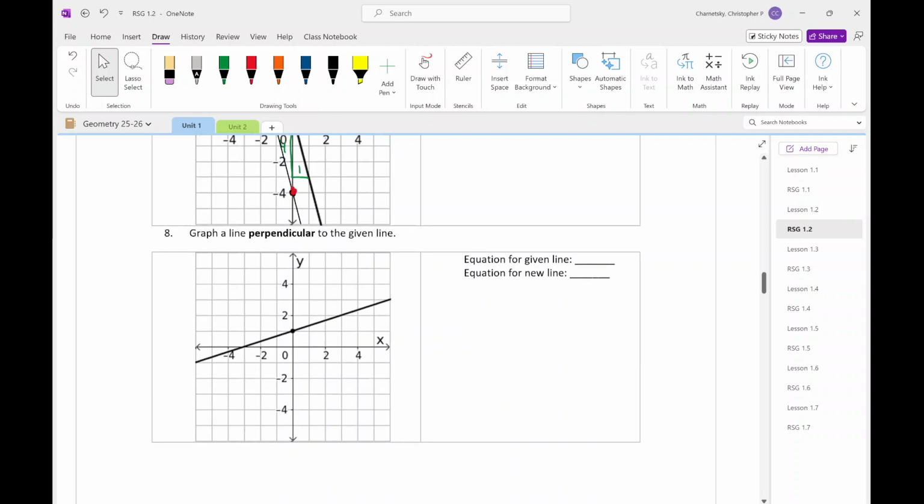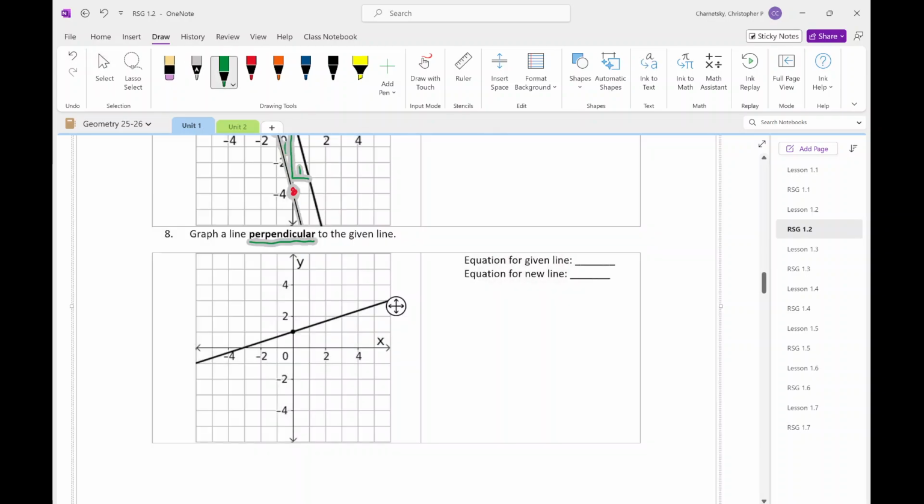Perpendicular. Now when we do perpendicular lines, the slopes are opposite reciprocals. Opposite reciprocal slopes.